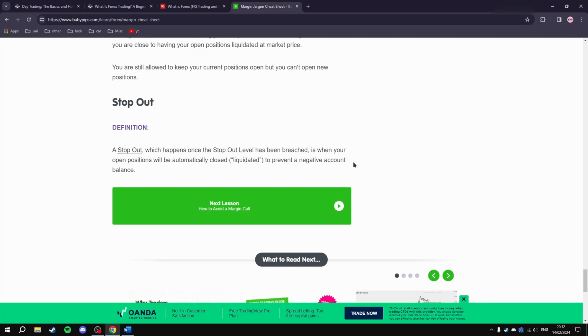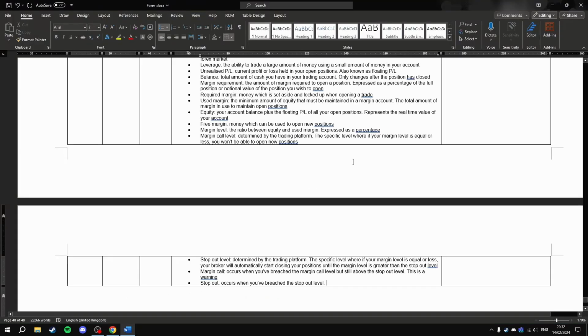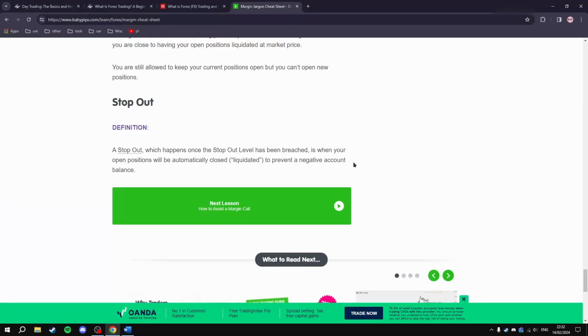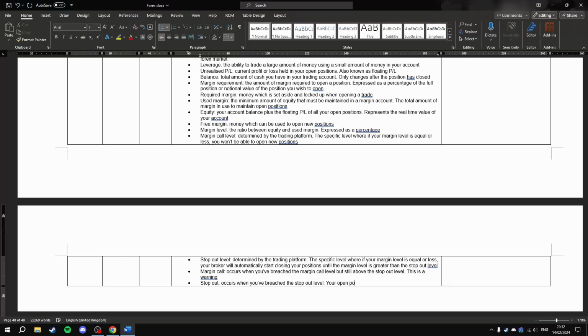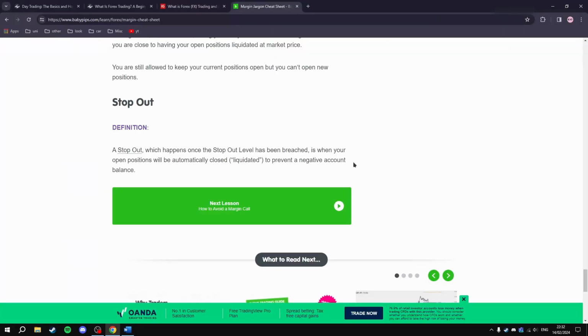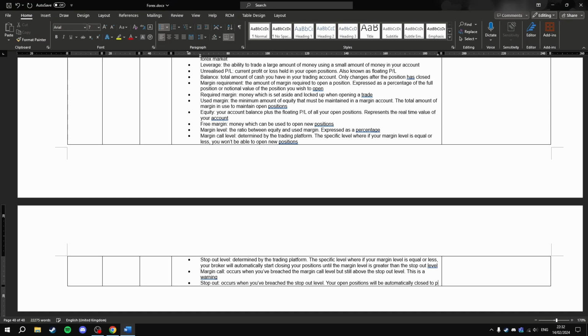This is when your open positions will be automatically closed, or liquidated, to prevent a negative account balance.